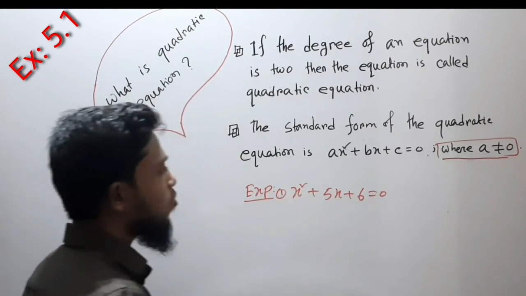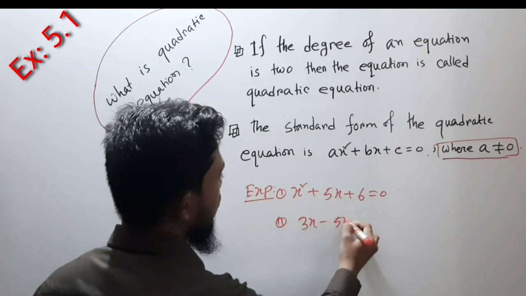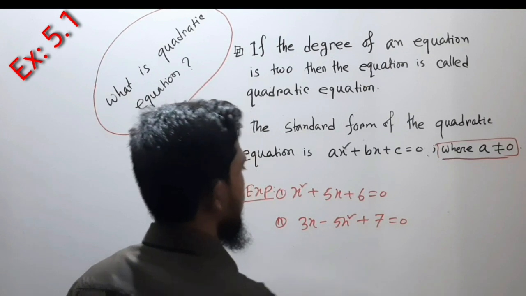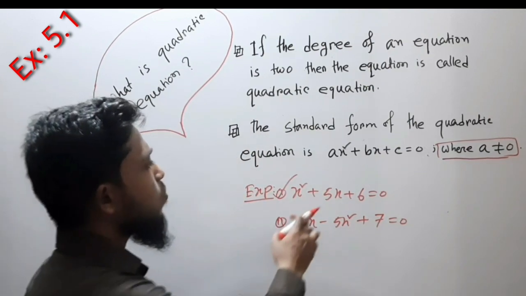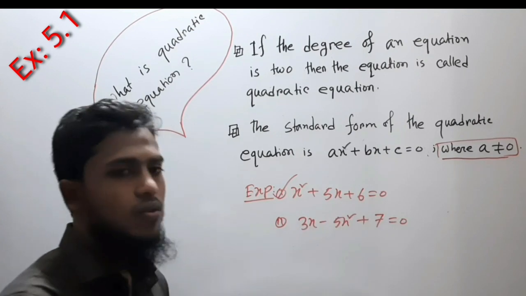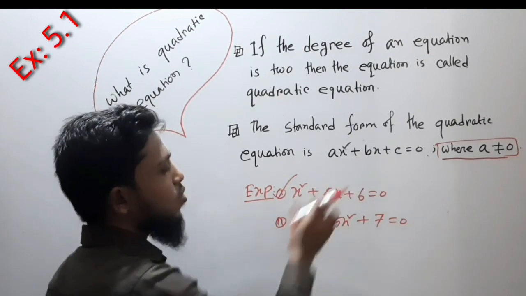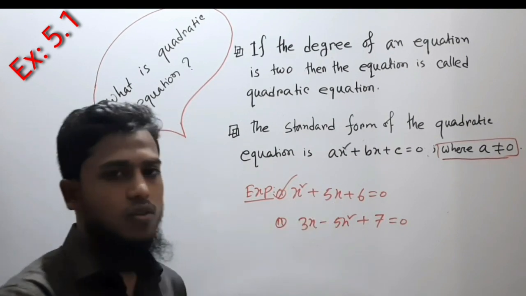This is the first example. And second example, 3x minus 5x square plus 7 is equal to 0. Look, our first example, x square plus 5x plus 6 is equal to 0, and this equation and the standard form are the same. So this is the standard form of a quadratic equation.